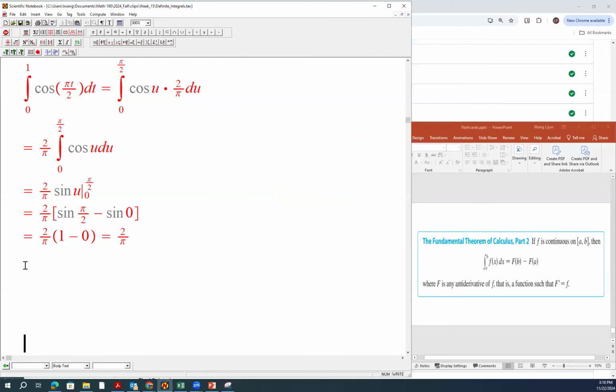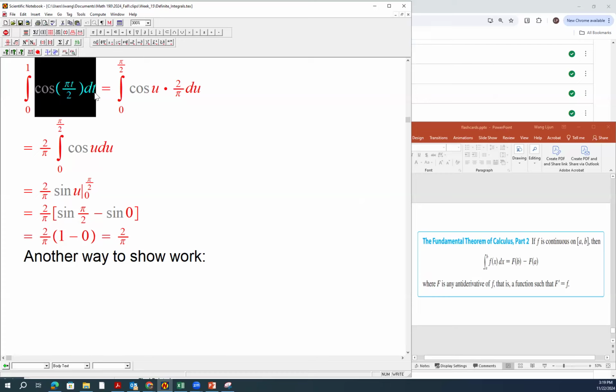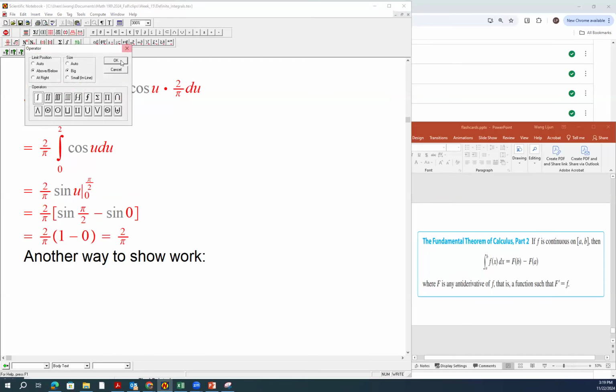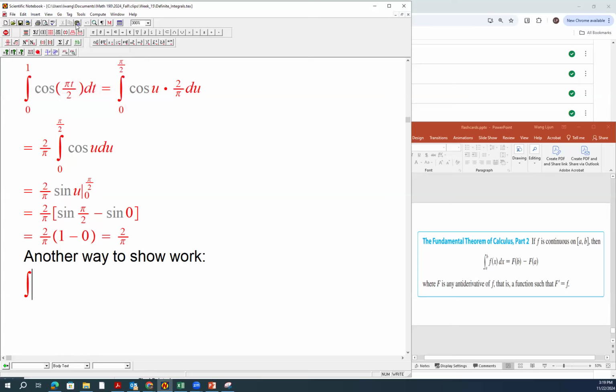Another way to show work is to follow the fundamental theorem of calculus part 2 more closely. What I mean by that is that I'm going to take this part and integrate to find the indefinite integral.